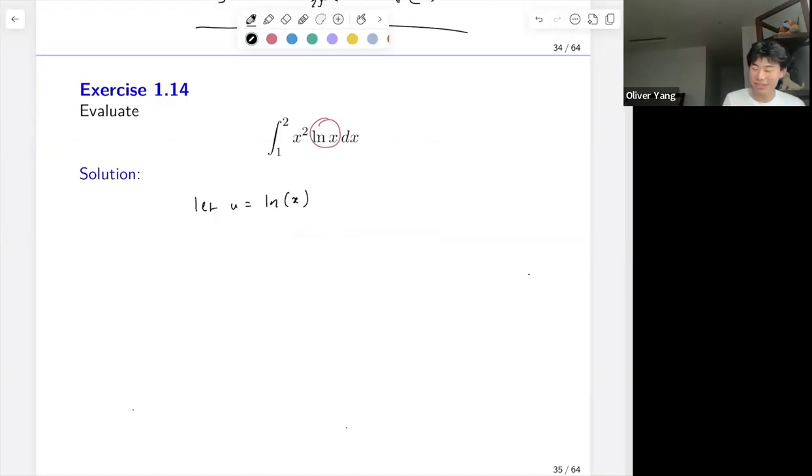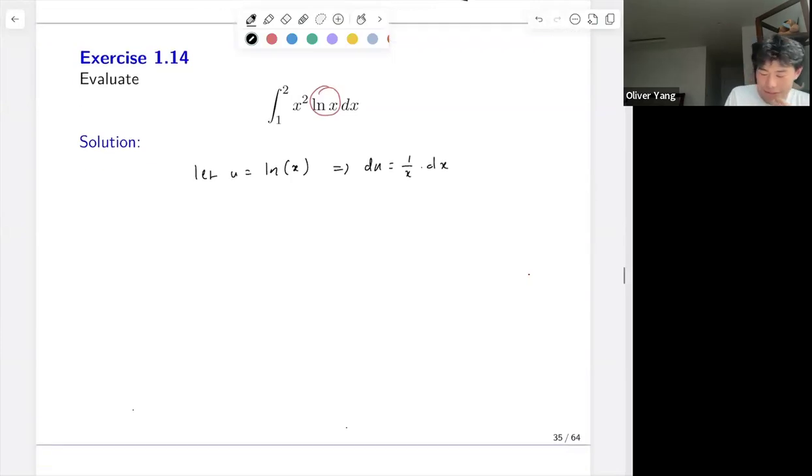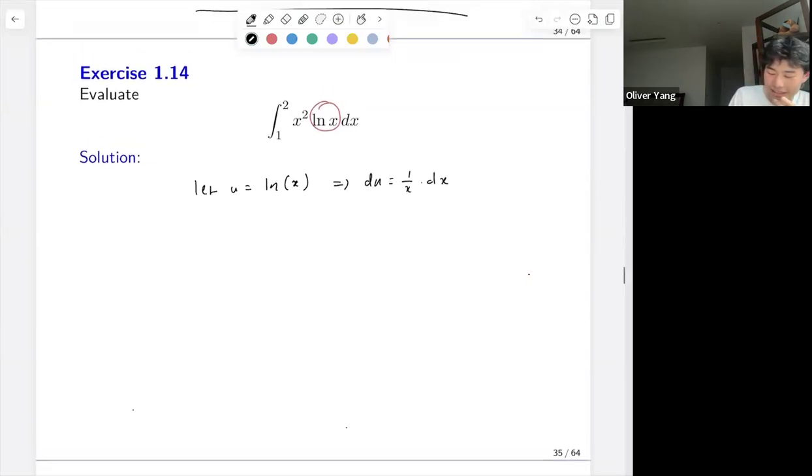So that's the one that you want to get rid of. du is equal to, what else? 1 over x. Yeah, cool. And then we're going to say dv is equal to x squared, so v is equal to x to the power of 3 over 3.